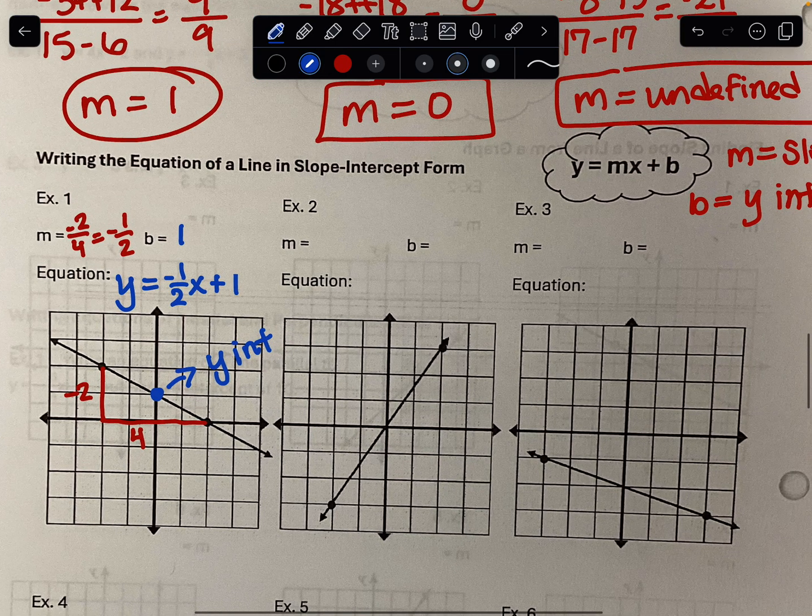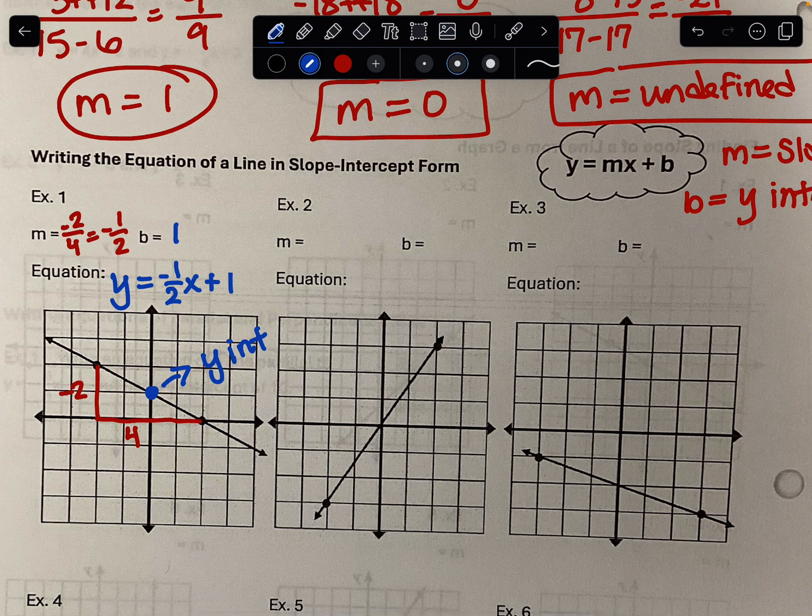Okay? All right? Keegan, number 2. Tell me how to find that slope. All right. What does 6 over 4 simplify to? 3 over 2. Good. And then what's your y-intercept, Keegan?